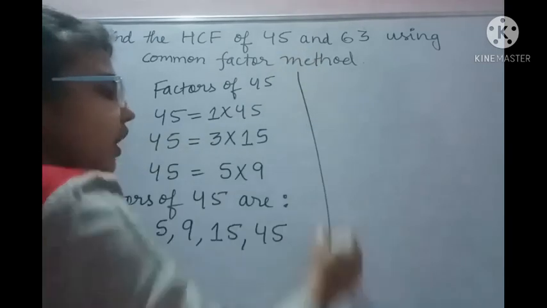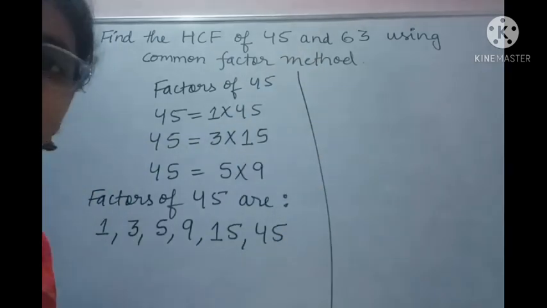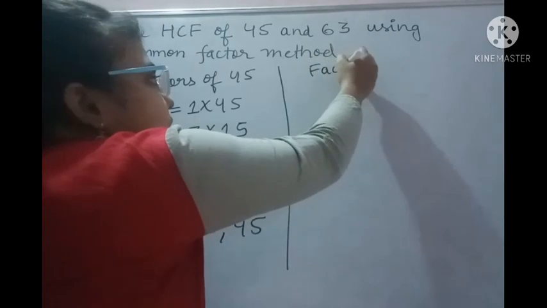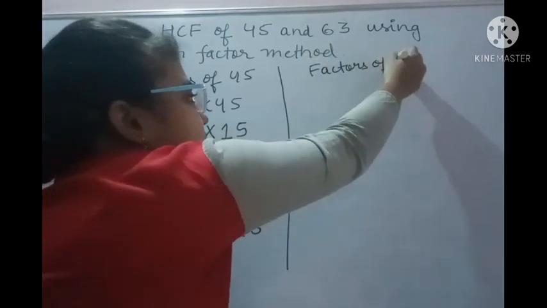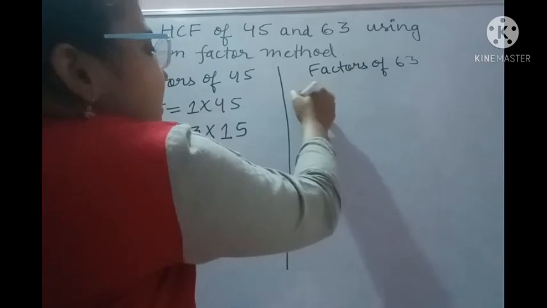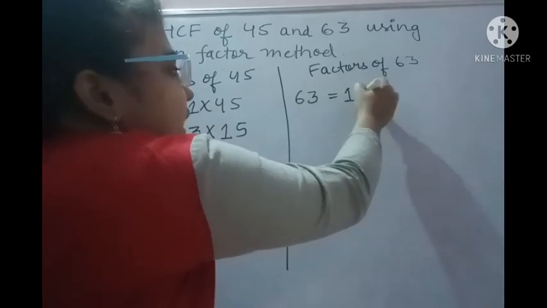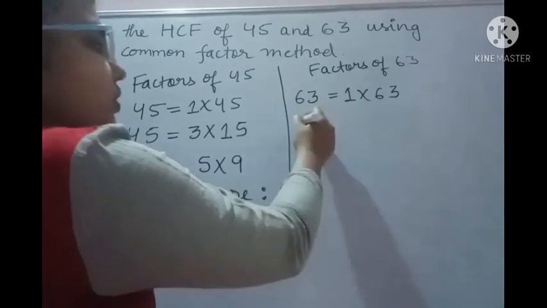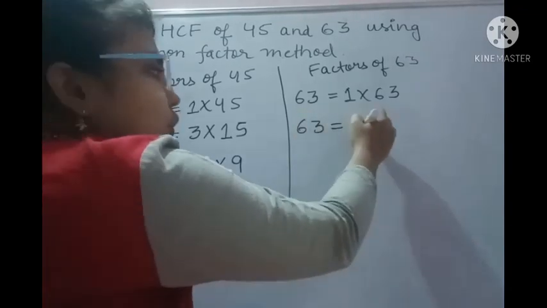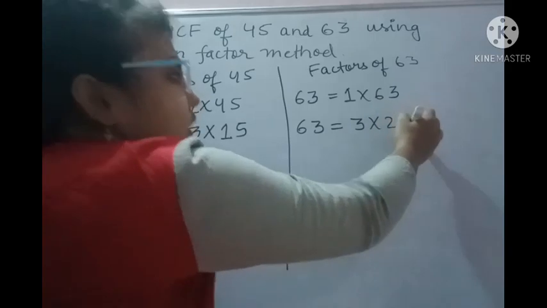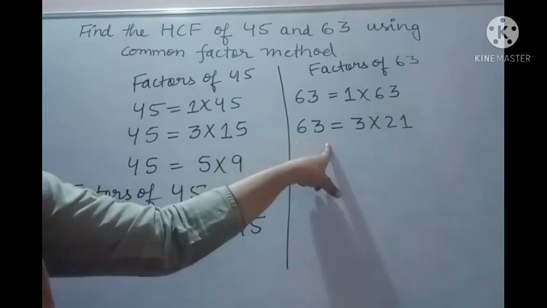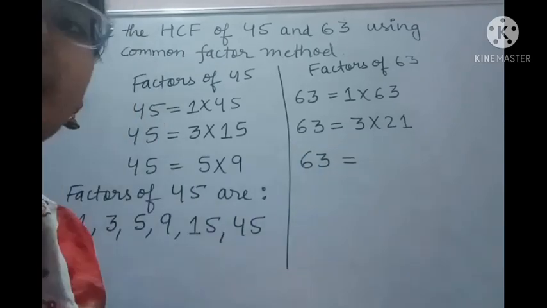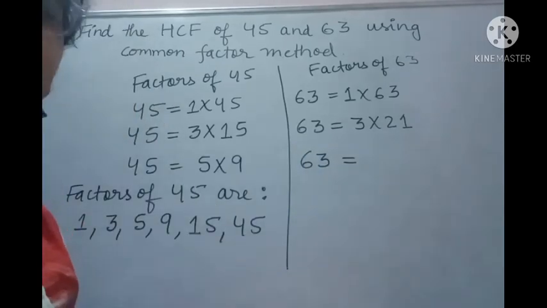Similarly, we will find the factors of 63 in the next case. So let's find the factors of 63. You can write 63 as 1 multiplied by 63. As it is an odd number, we can write 63 as a multiple of 3, which is 3 multiplied by 21, because 3 twos are 6 and 3 ones are 3. Now you can see that 63 is divisible by the next prime number, which is 7.